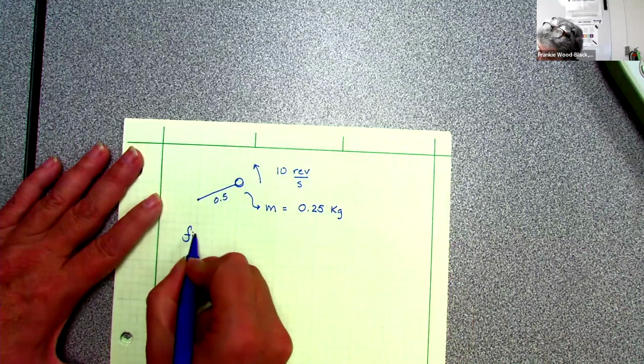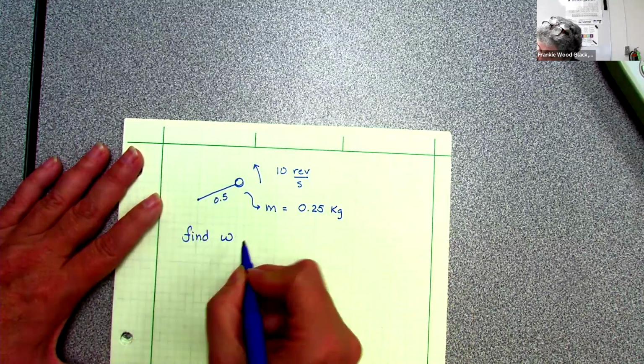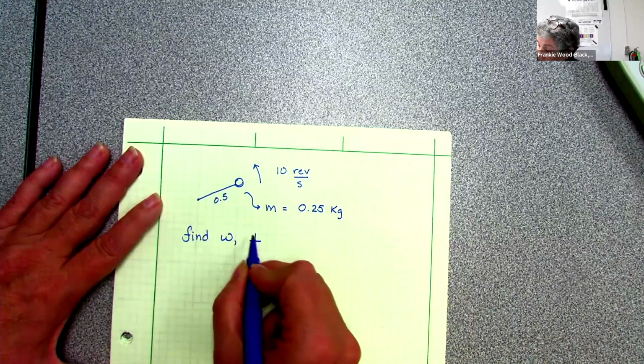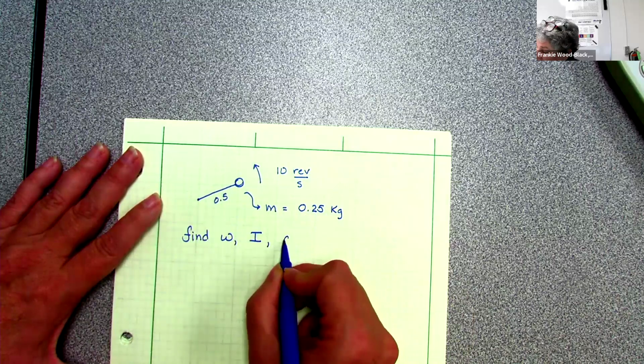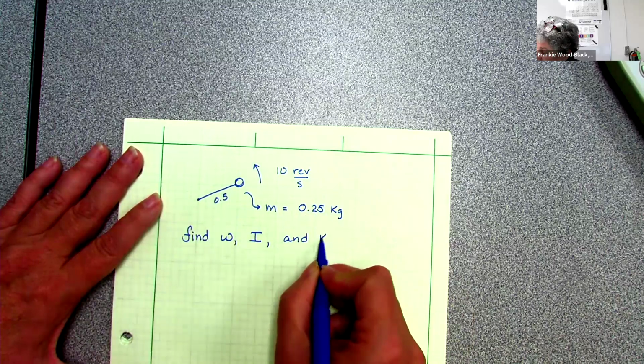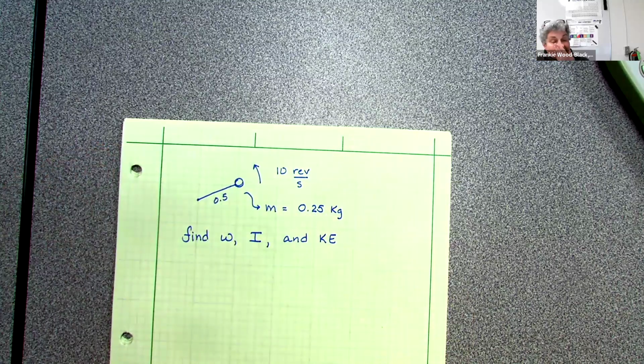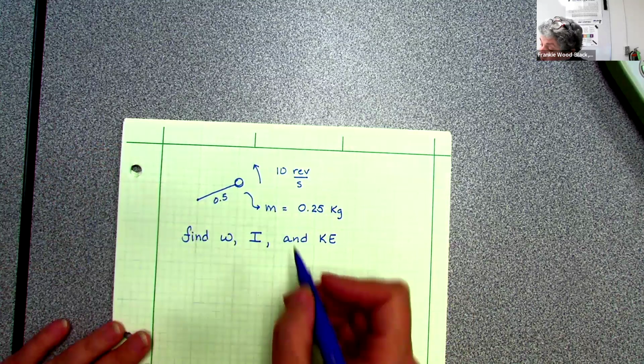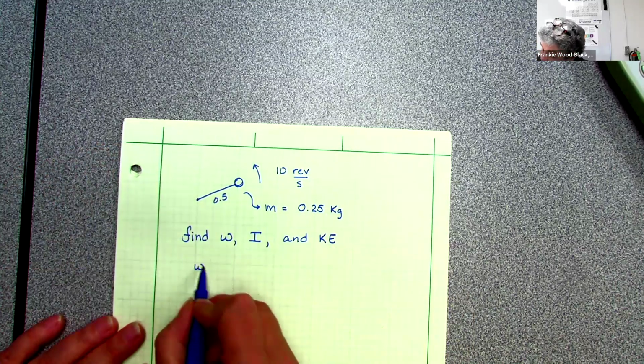We want to find our angular velocity, our moment of inertia, and the kinetic energy. So this is my David and Goliath problem. We're actually given an angular velocity.